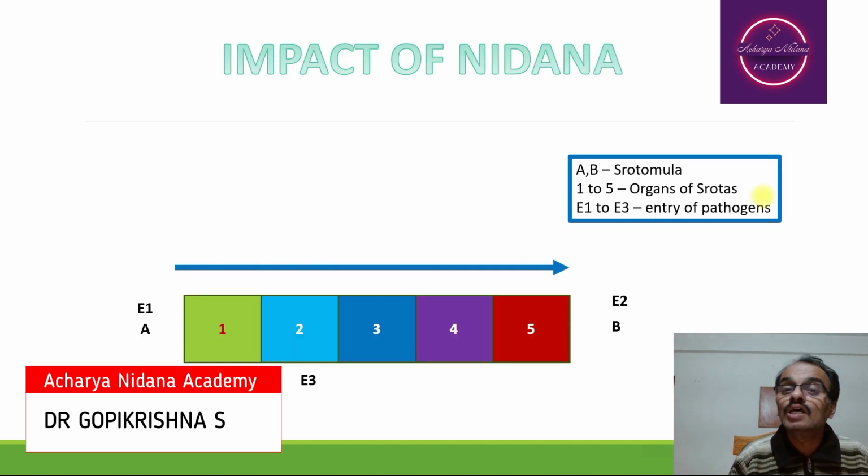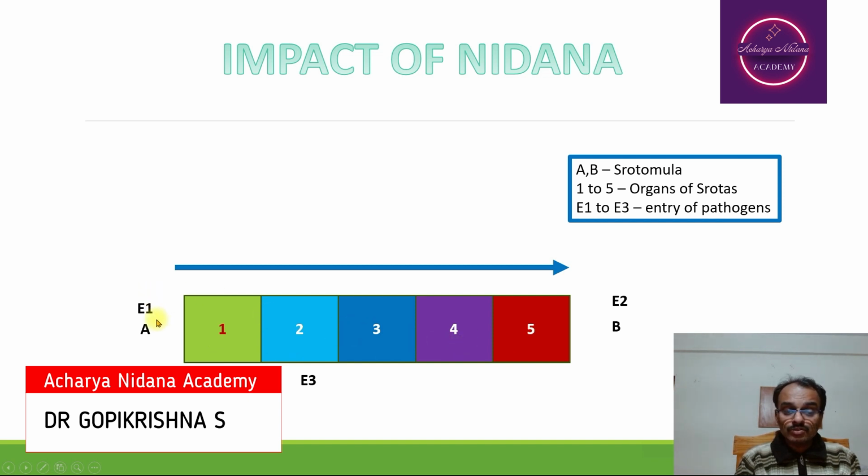Now, when you think about the impact of Nidana, here there is a Srotas present, a tubular structure which has 5 different organs: 1, 2, 3, 4 and 5.